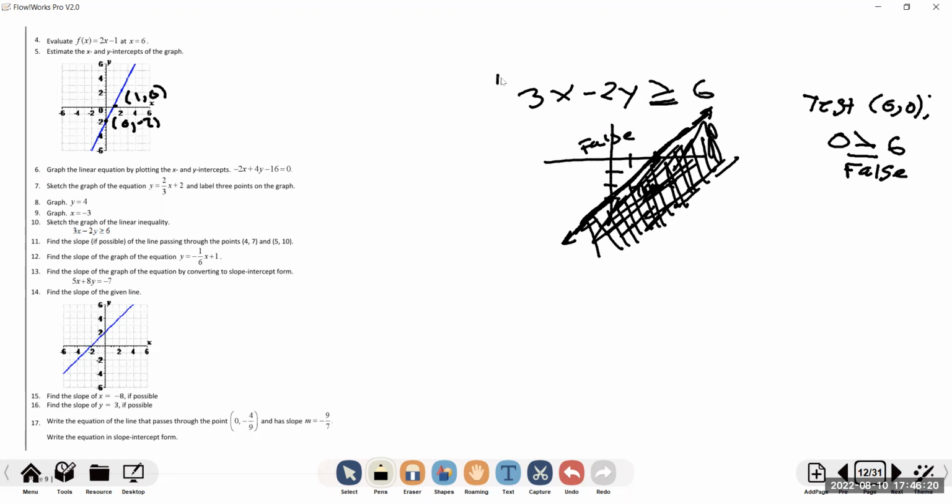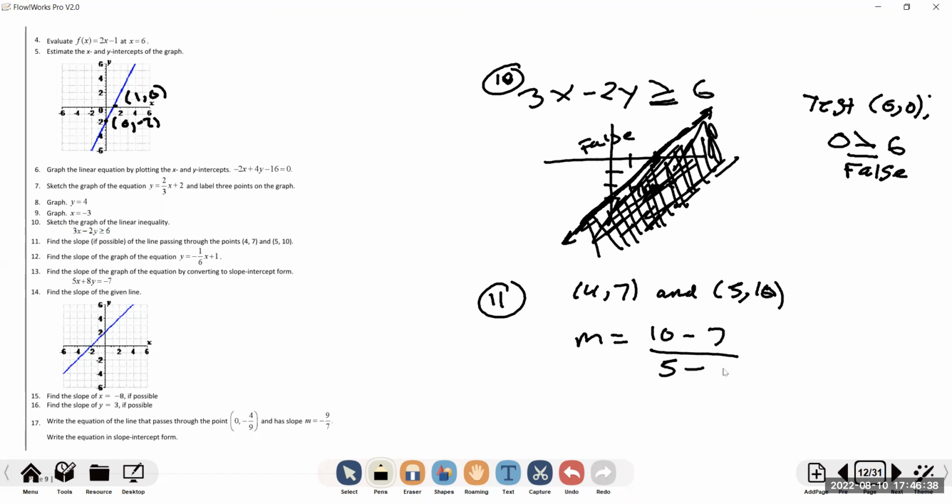Number 11 asks us to find the slope, if possible, for the line passing through (4, 7) and (5, 10). So my slope is equal to y2 minus y1 over x2 minus x1, which is 3 over 1, which is 3.